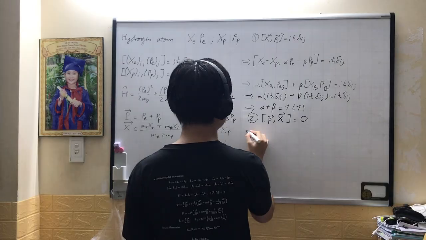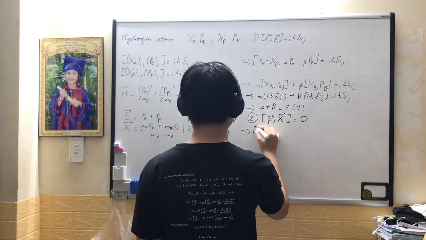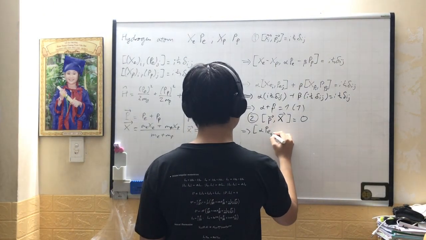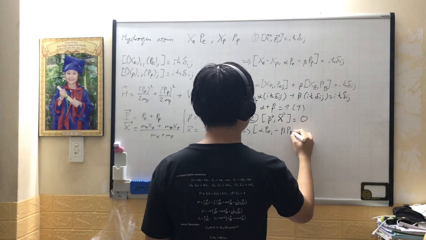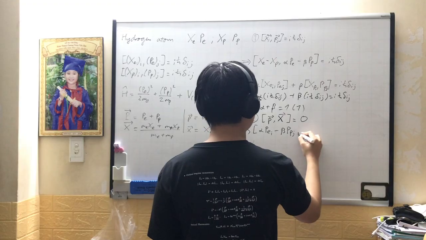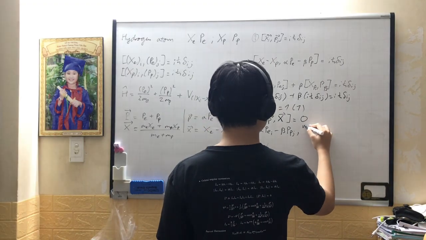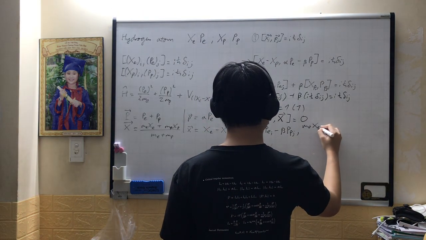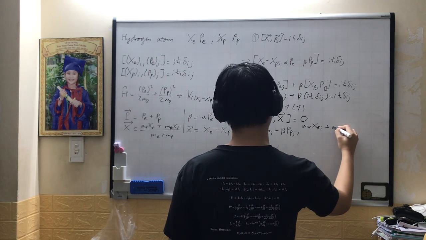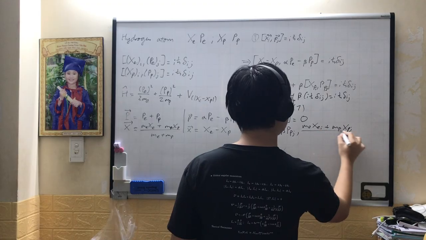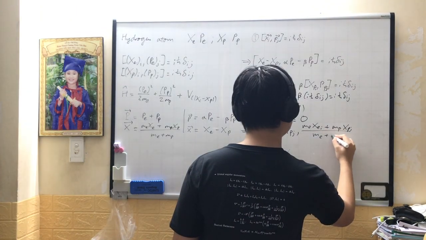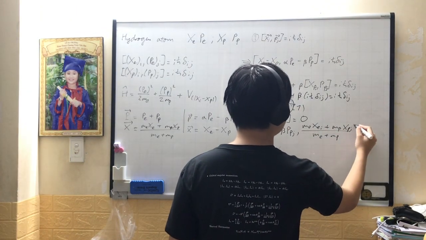So expand these: m_e x_e,i plus m_p x_p,j.